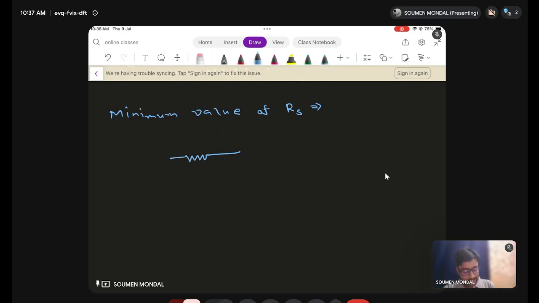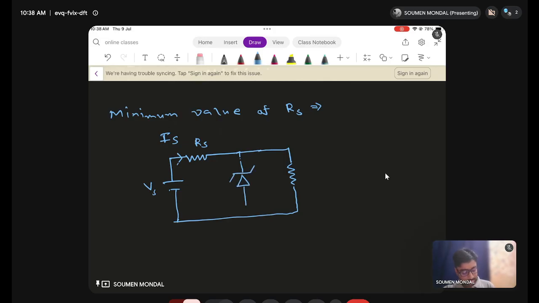So let me draw the circuit again. Why I am drawing, you will get it. This time lots of current will be there. This is Is, which is coming from the battery, or you can say coming from our rectifier circuit. This is RS, this is the Zener diode, and this is RL.